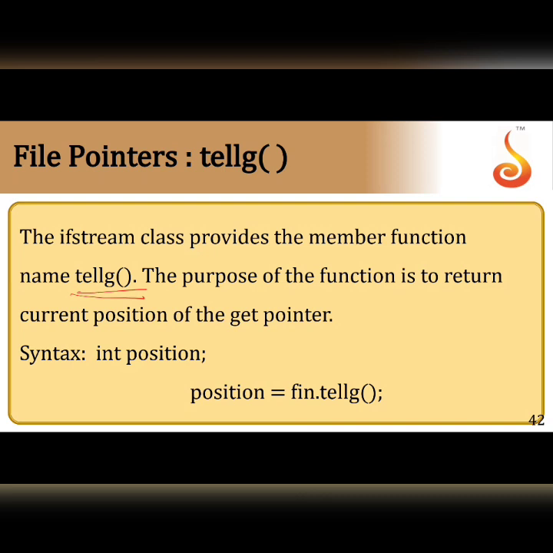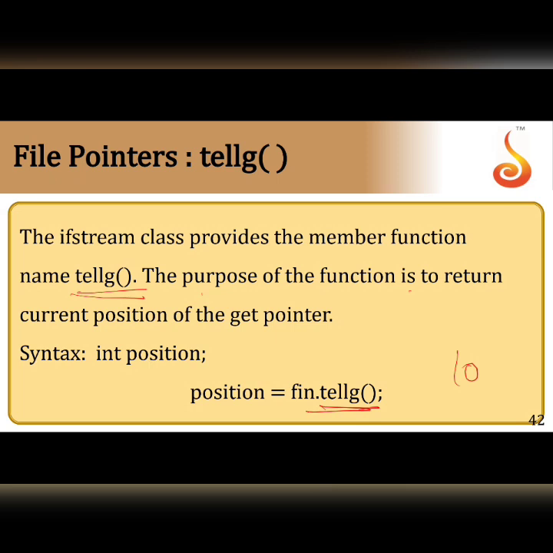Suppose it is in the 10th byte, then it will give you 10. So the purpose of the function tellg is to return the current position of the get pointer. Then you can decide whether you want to move further, backward, or stay in the current location.